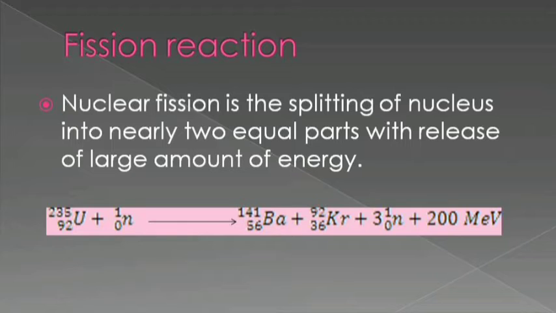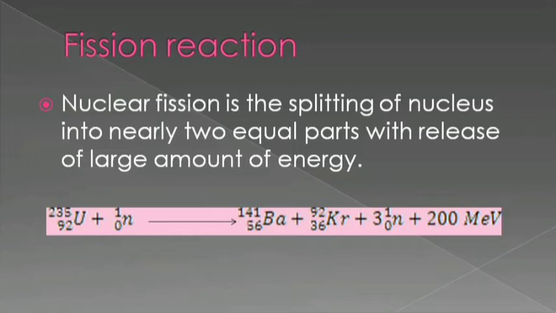Similarly, there is the fission reaction. The fission reaction is splitting of a nucleus into nearly two equal parts with release of a large amount of energy, as in uranium. When uranium 235 (atomic number 92) is bombarded with a neutron, then one nucleus of barium and another of krypton is obtained, whereas a large amount of energy is released along with neutrons.